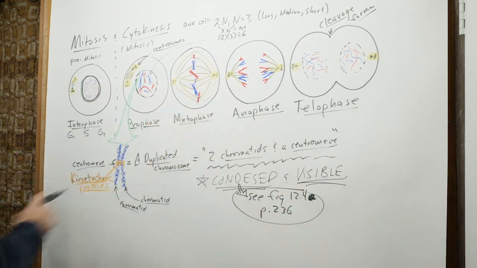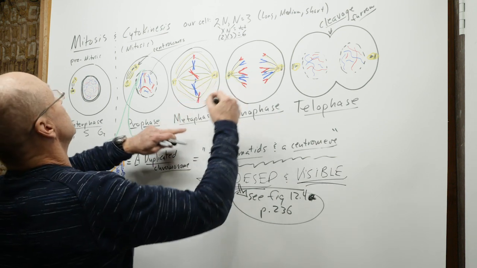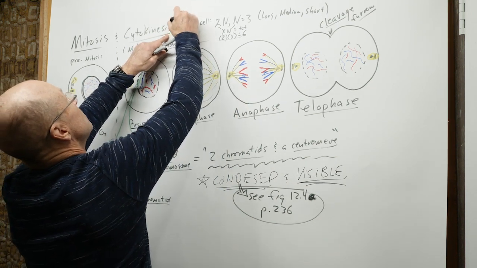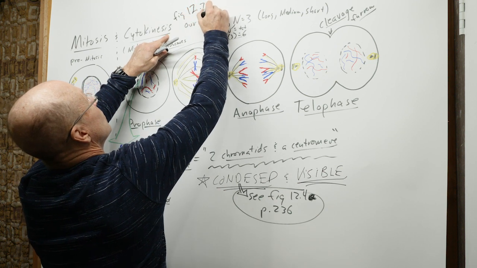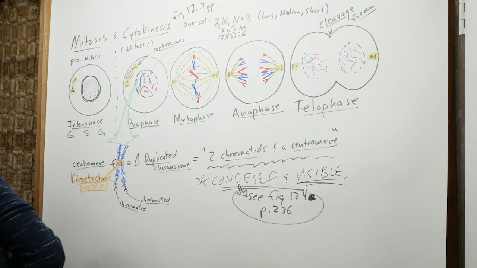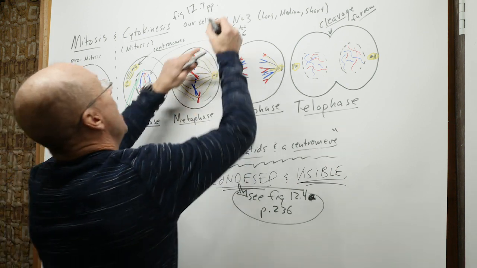By the way, this whole thing up here, the whole beautiful process of mitosis, is actually figure 12.7. That's 2 pages, a big one, 238 and 239.